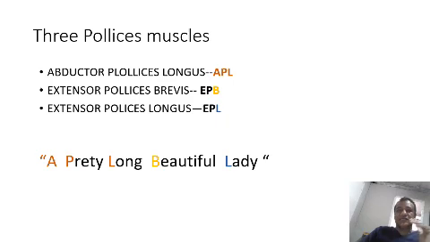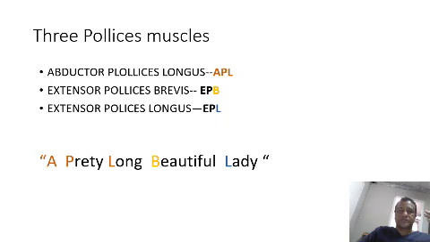Next, the extensor pollicis brevis (EPB). It lies just medial to APL and shares a similar origin. Finally, the extensor pollicis longus (EPL).